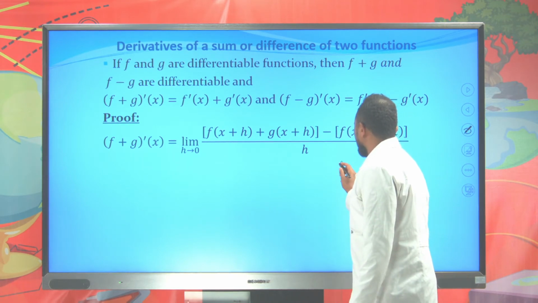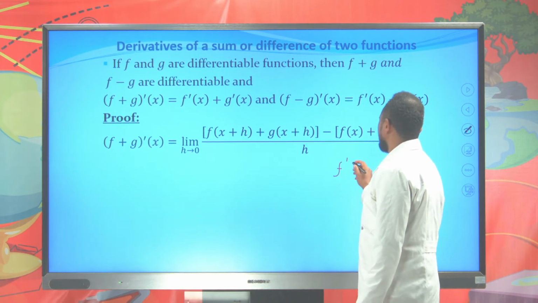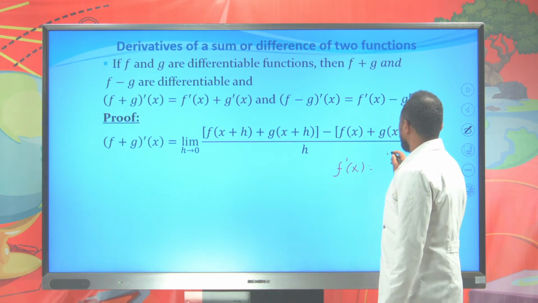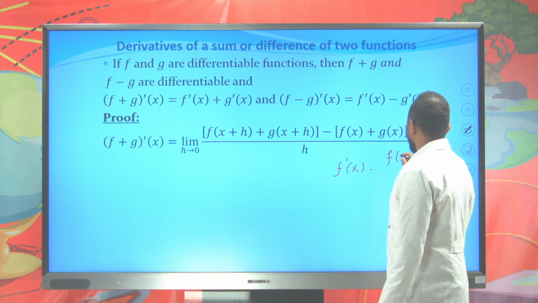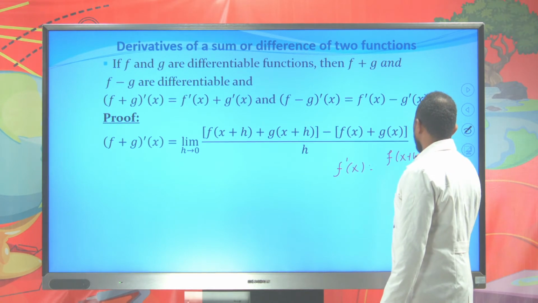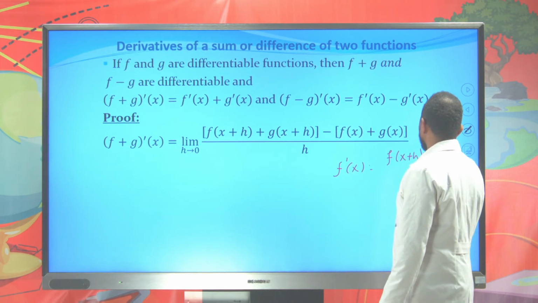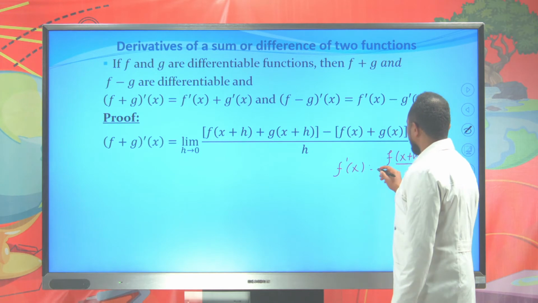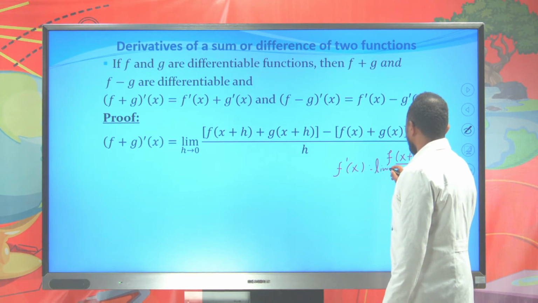The derivative of a given function f of x is given by the limit of f of x plus h minus f of x over h, where h goes to 0.